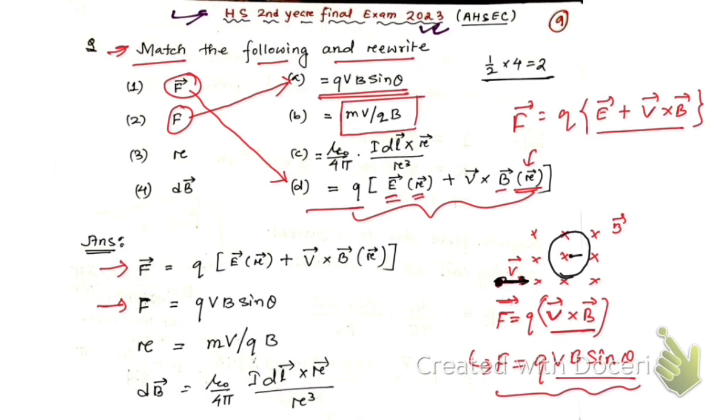So this r is equal to this. And you know the Biot-Savart law, this magnetic field dB is equal to this, so this is nothing but the Biot-Savart law. So now let me take the next question.